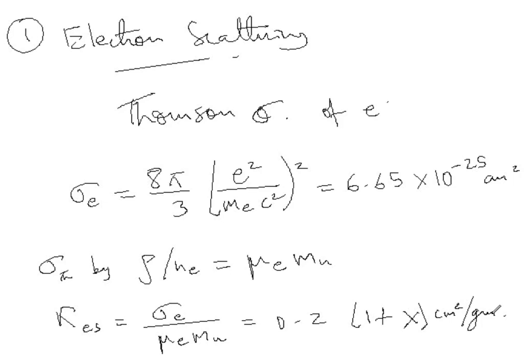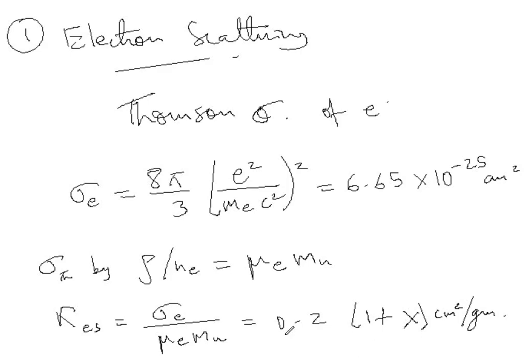Now you see, since the electron scattering opacity here, this one, is there any dependence on frequency? No. There is no dependence. Since this is independent of frequency, this expression also gives the Rosseland mean.